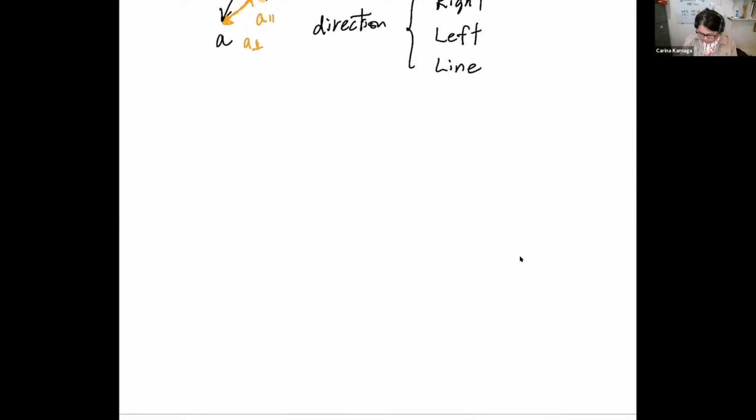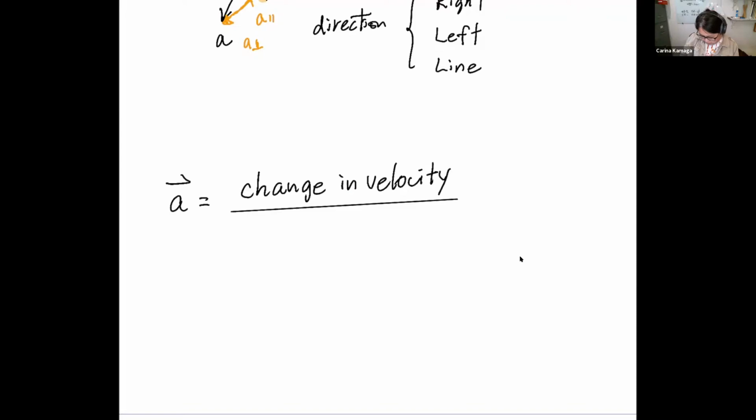So again, to find out the acceleration, it is the change in velocity. I'll write it first. Acceleration is a change in velocity per time.